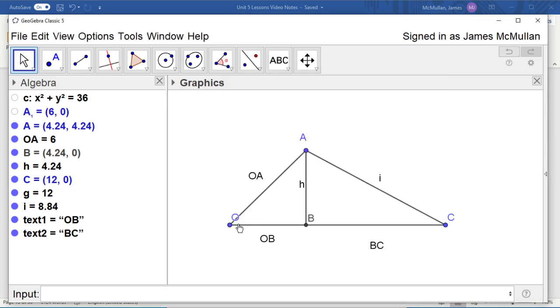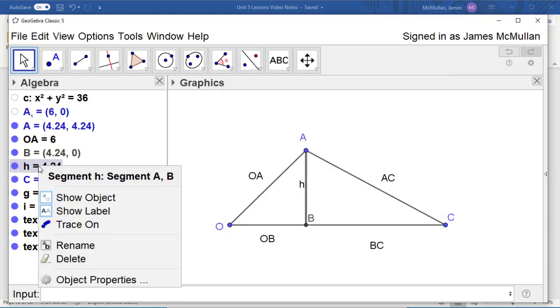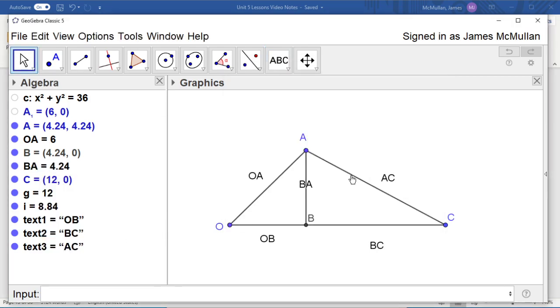Okay. I'm going to get rid of that label, and we'll call this AC. Okay, and I might as well just rename the H too. I thought it would make sense to call it H, but it probably makes more sense to just call it BA. Okay, so that's how I'm going to label everything in this triangle.